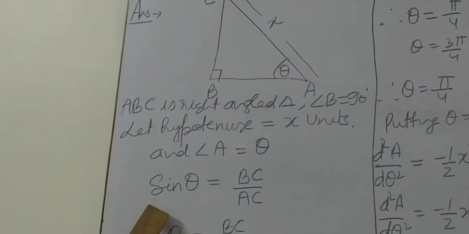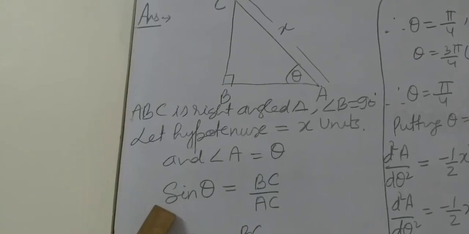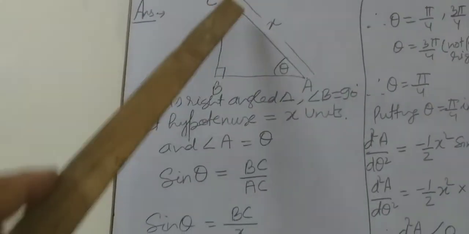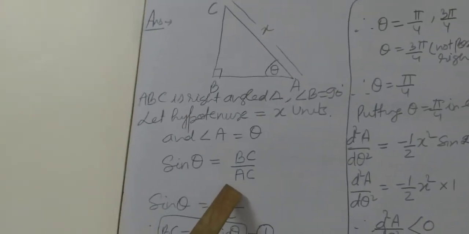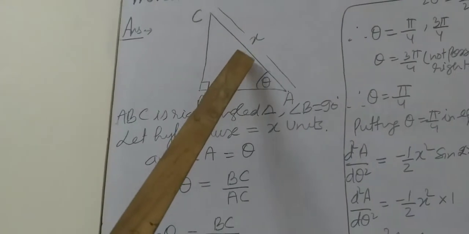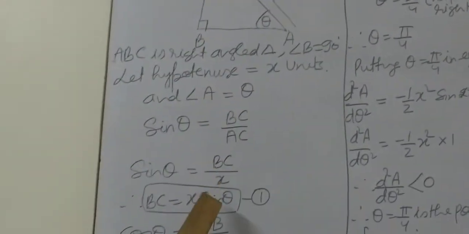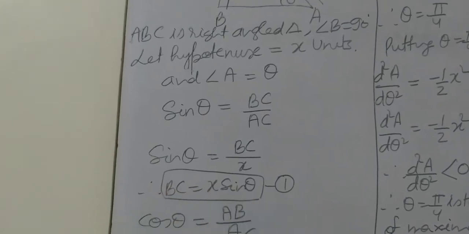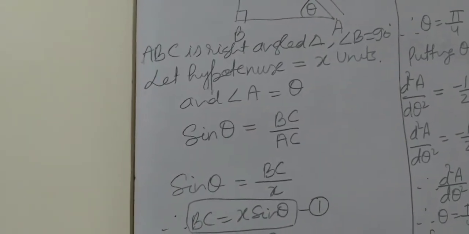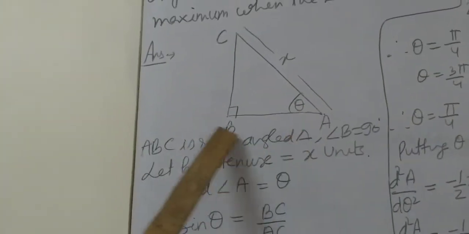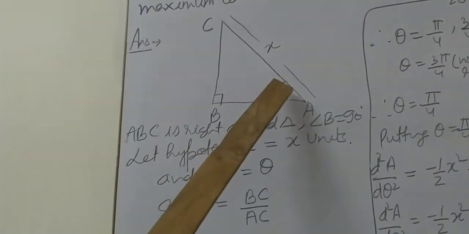So we are going to use trigonometric ratios here. Sin theta equals P upon H, BC upon AC. So sin theta equals BC upon x, because AC is x. By cross multiplication, BC equals x sin theta. Okay. Now in the same triangle, we are going to take cos theta.